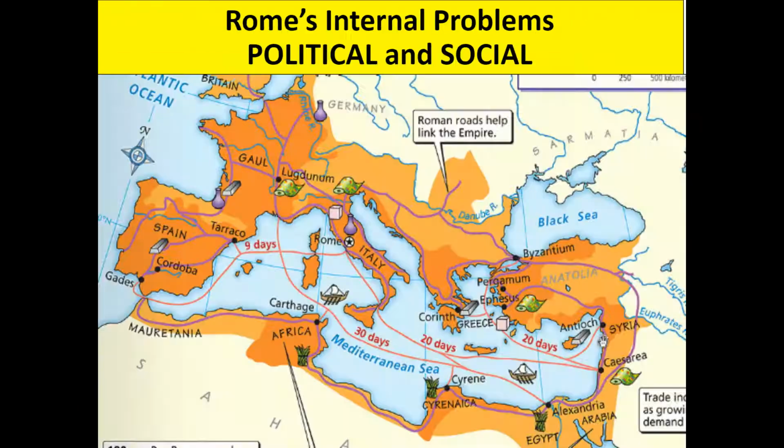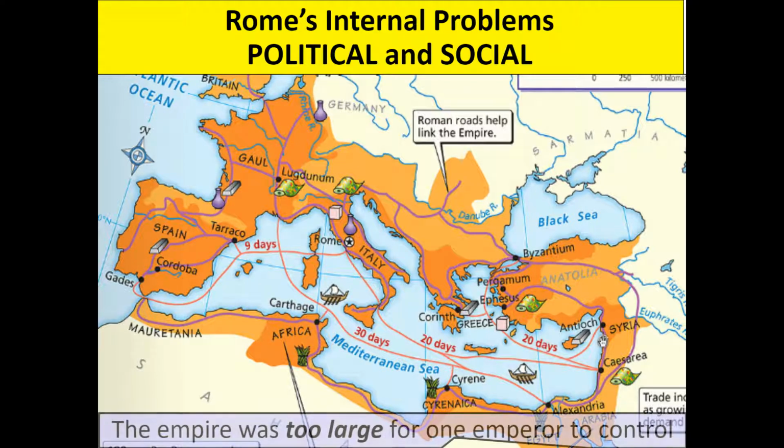So let's take a look at the first stage. Rome's internal problems, political and social. What do we got? Well, you have the Roman road that's linking the empire, right? We talked about that. But the empire becomes too big for one person to control, one emperor to control.